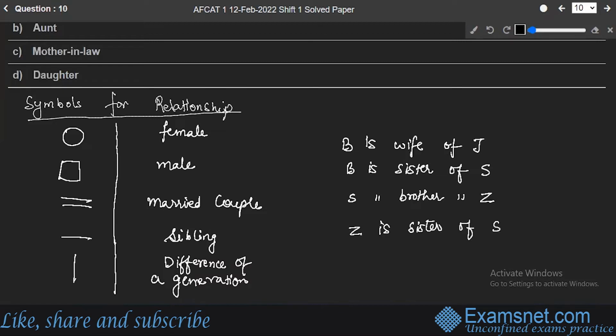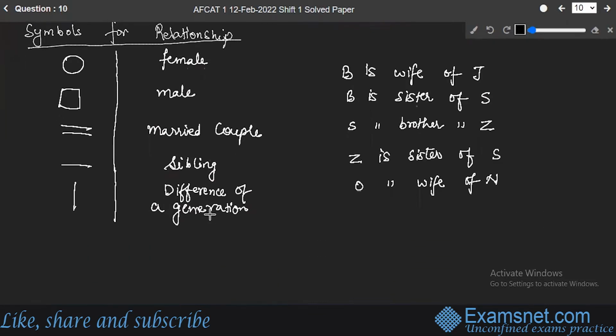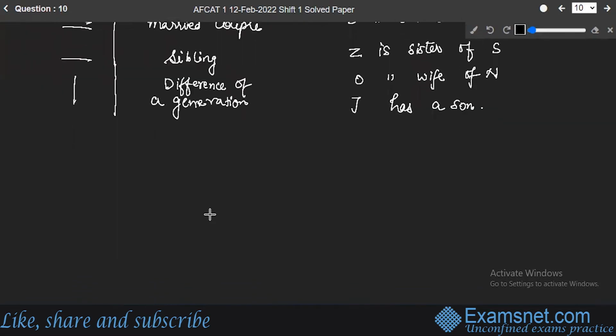And then you are also given that O is wife of N, and J has a son. These are the relationships which are given to us, right? So let's make a pictorial representation of the given problem.